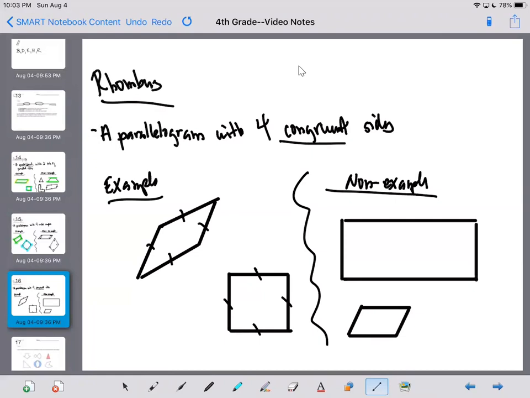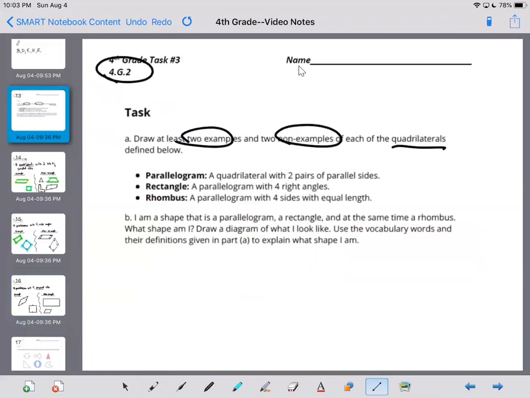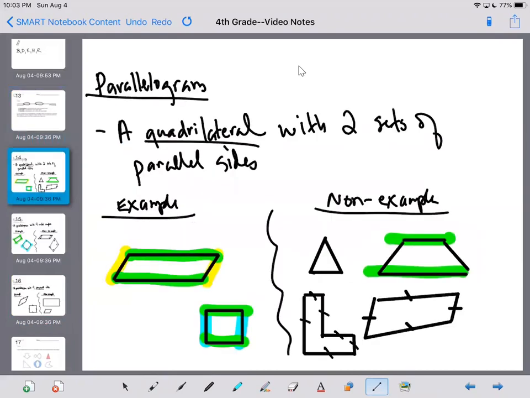So if we go back to part B, it says, I am a shape that is a parallelogram, a rectangle, and at the same time a rhombus. So I did mention it in each of the drawings. This is a square, and a square does have a shape. It is a quadrilateral.